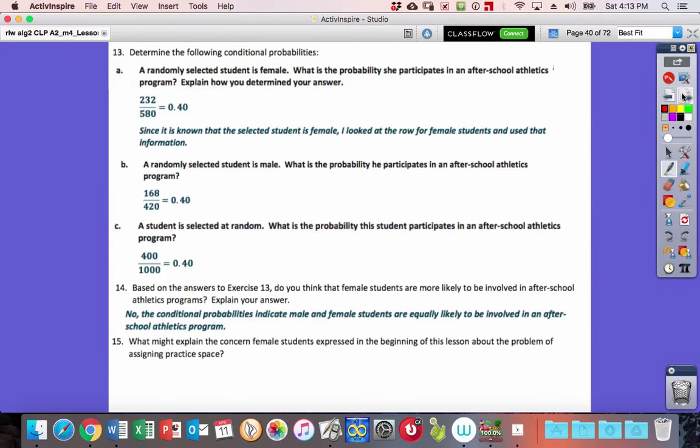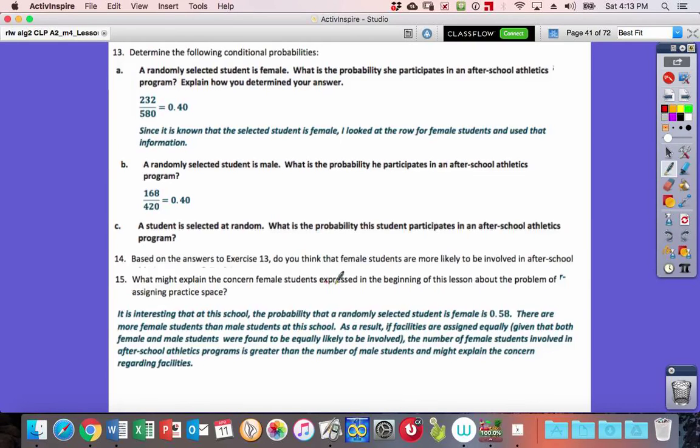Now I want to talk about that concern the female student expressed in the beginning. It is interesting that at this school, the probability that a randomly selected student is female is 58%. There are more female students than male students at this school. As a result, the facilities are assigned equally, given that both female and male students were found to be equally likely to be involved. The number of female students involved in after-school athletics programs is greater than the number of male students and might explain the concern regarding the facilities.